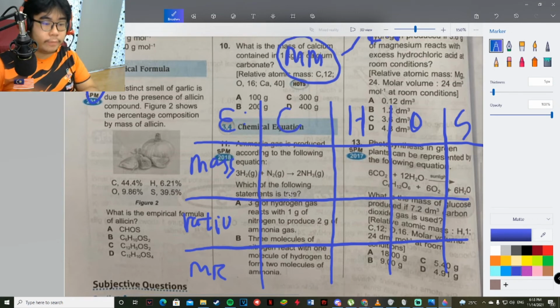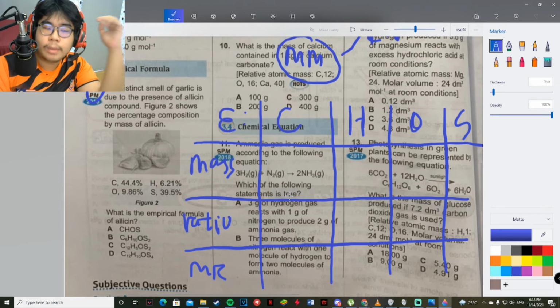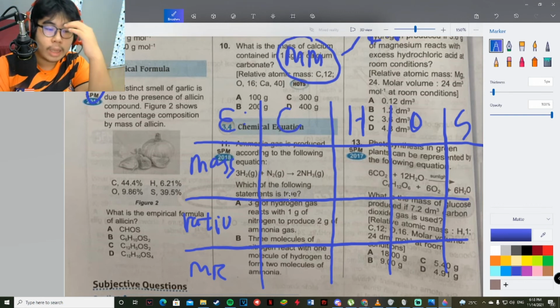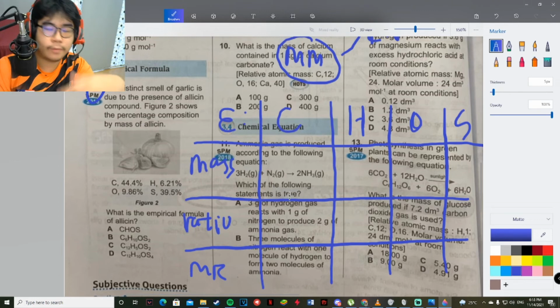So for mass, we have been given the mass. The most important thing, students, is to remember that in empirical formula questions, when they give you a percentage, let's say 60% of carbon and 40% of hydrogen, whenever you see the unit of percentage, it actually equals the mass of the element within that compound.